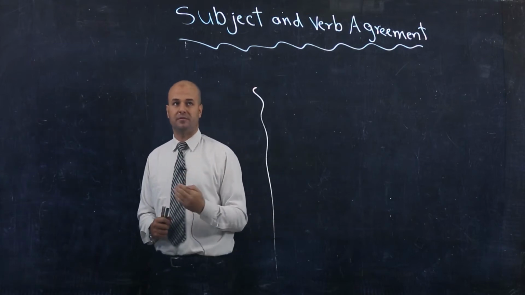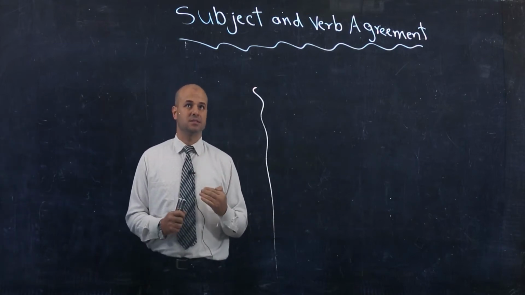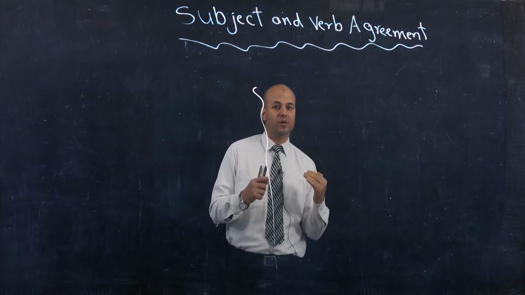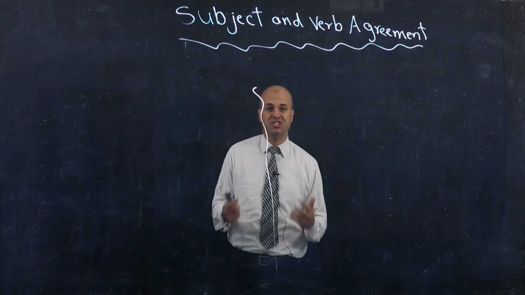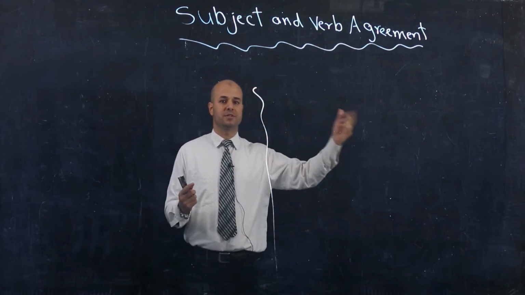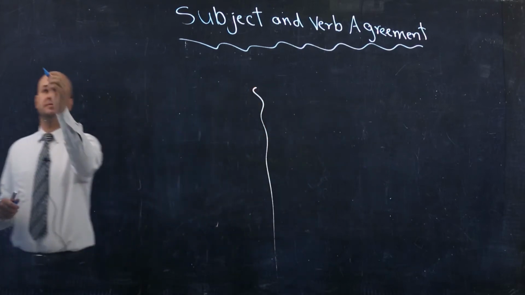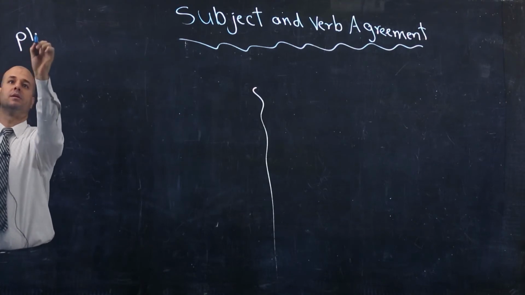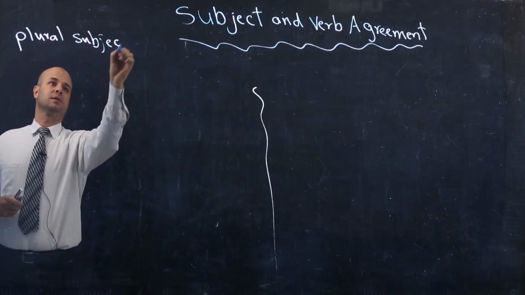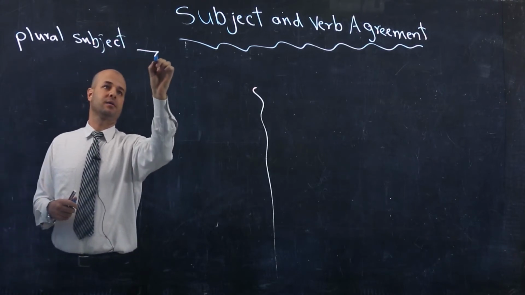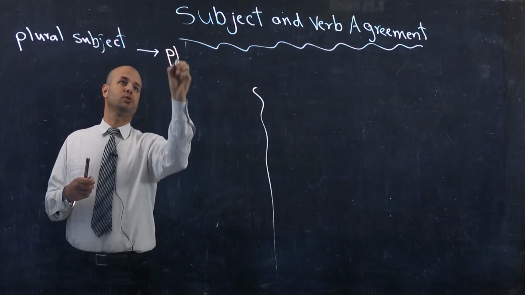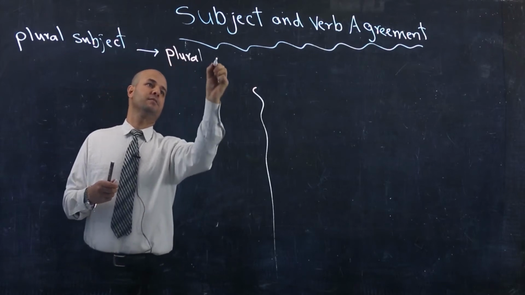We try to confirm what is a plural subject and what is a plural verb. And it's a chance to know what are plural verbs. So if we have a plural subject, it's followed by a plural verb.